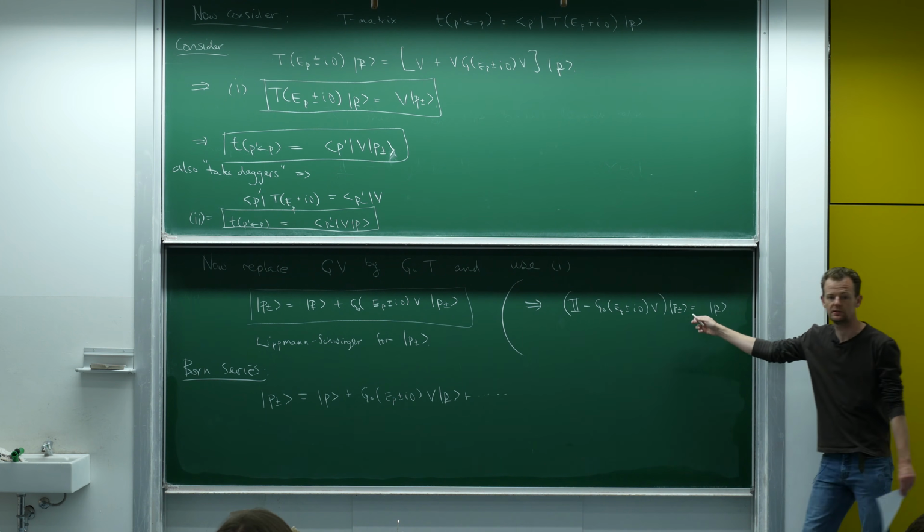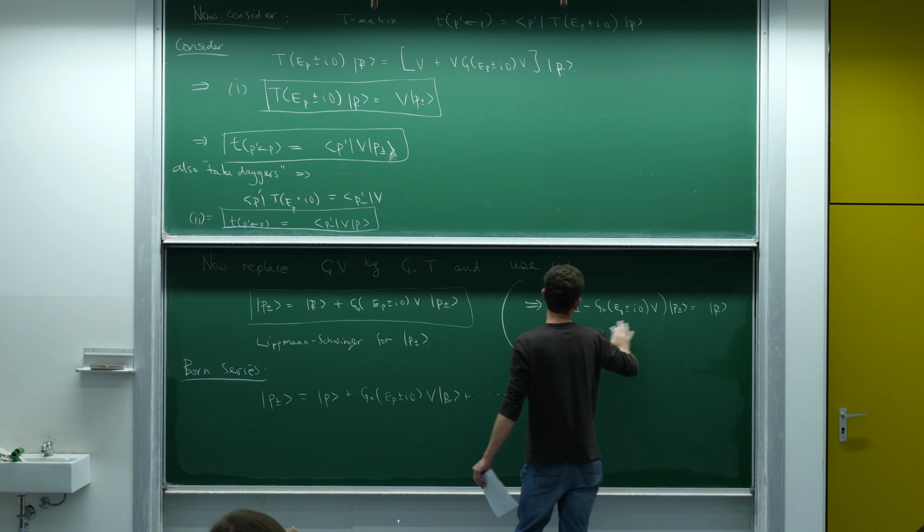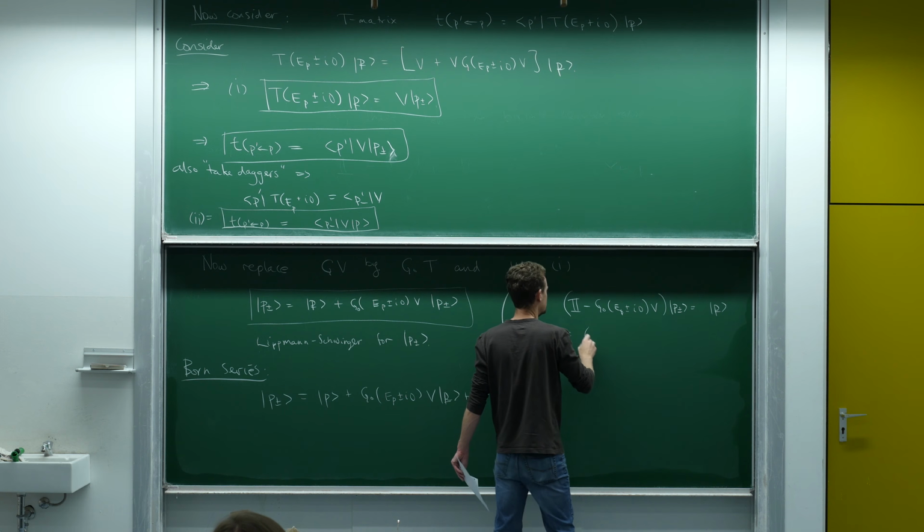Okay, that's just rewriting this Lippmann-Schwinger equation. And now we know that all we have to do is invert this operator to get an expression for P plus minus.